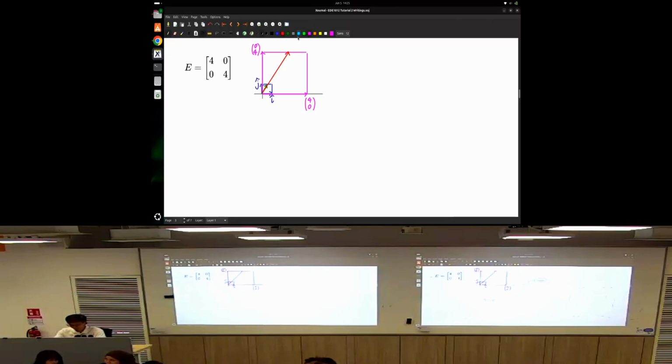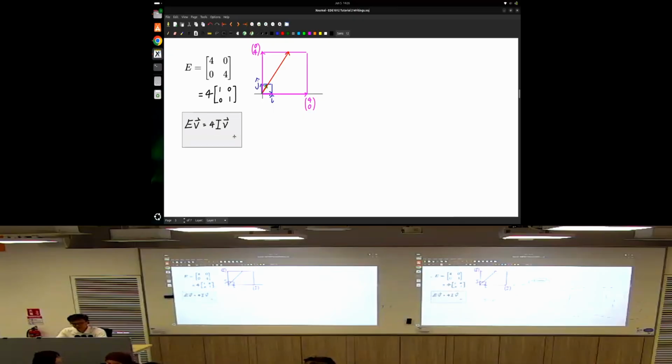This is also evident if you take E and rewrite it. E times any vector V is equivalent to 4 times I times V. If you factorize out the 4, then it's just 4I. So this guy is really just 4 times 1, 0, 0, 1.